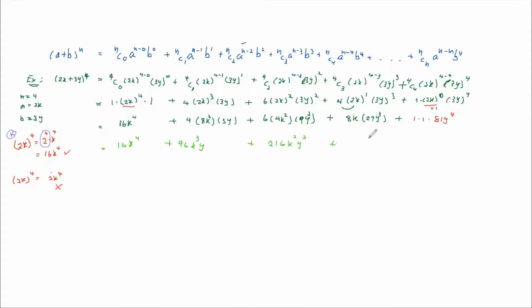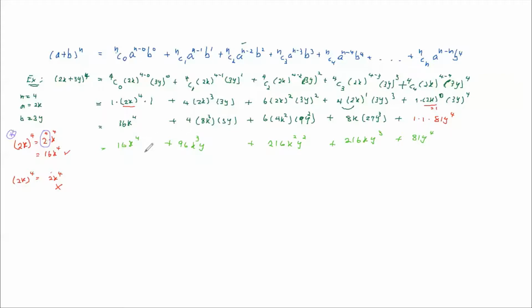Plus this one, we have 27 times 8, so becomes 216 x y cubed, plus 1 times 81, so 81 y power 4.